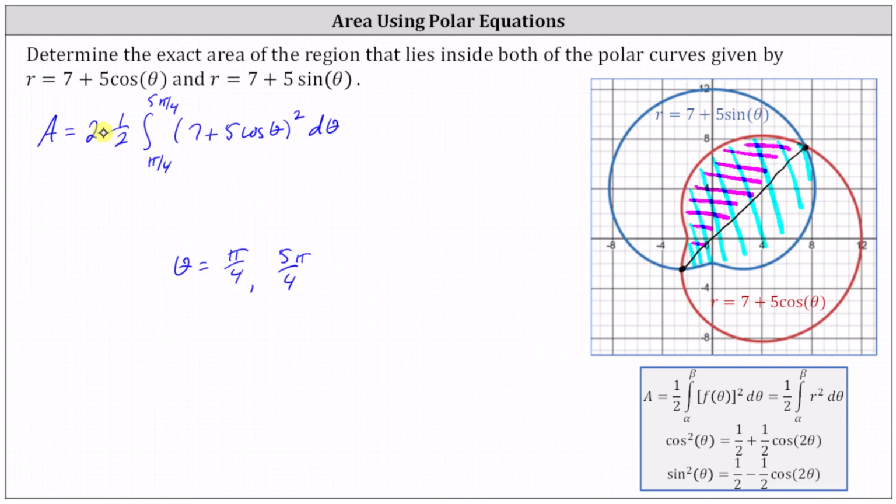This will give us the total area of the bounded region. So 2 times 1/2 is 1, so we have the integral from pi divided by 4 to 5 pi divided by 4 of the square of 7 plus 5 cosine theta, which equals 49 plus 70 cosine theta plus 25 cosine squared theta, d theta.